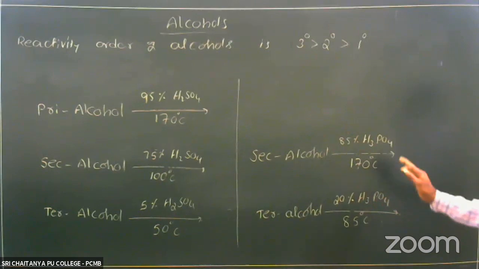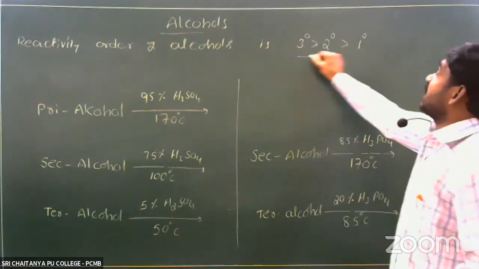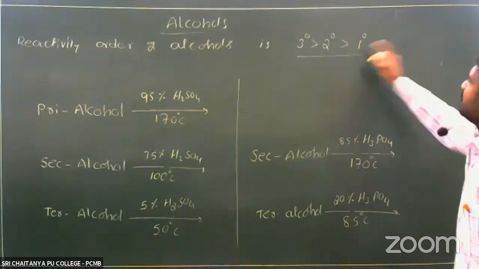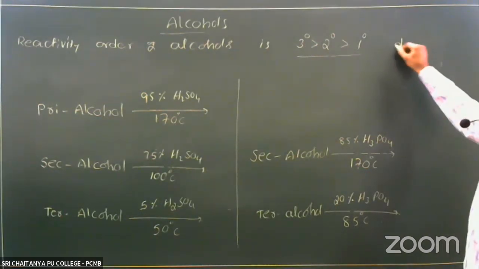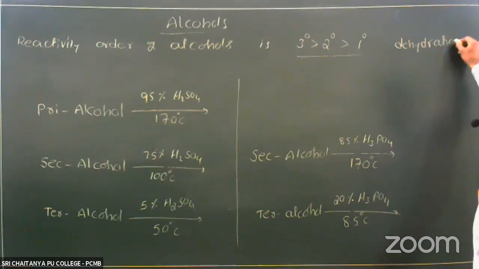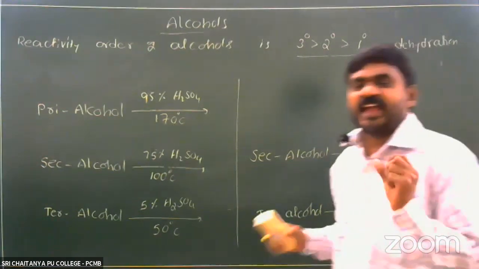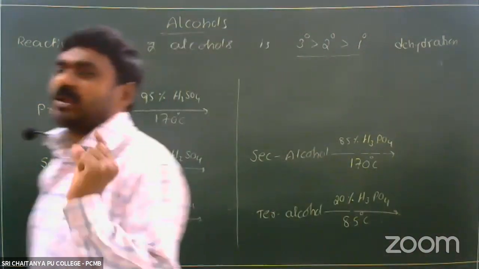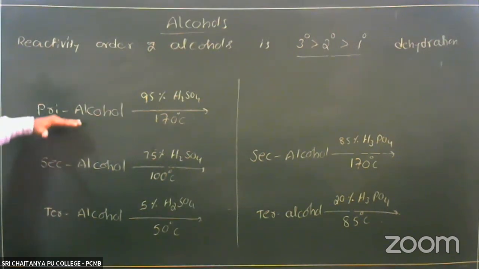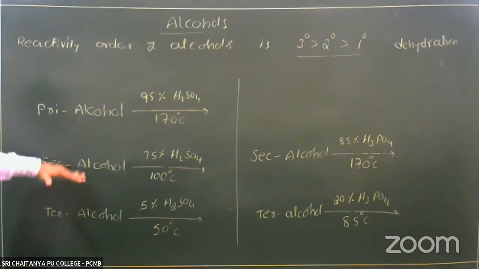So these are the evidences for the reactivity of tertiary, secondary, and primary alcohols towards dehydration reaction. Tertiary alcohols undergo dehydration more easily than secondary alcohols, and secondary alcohols more easily than primary alcohols.